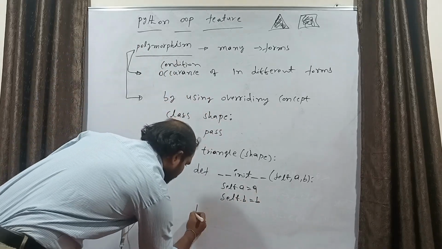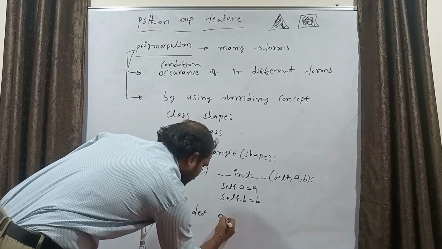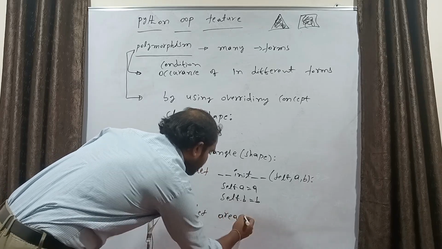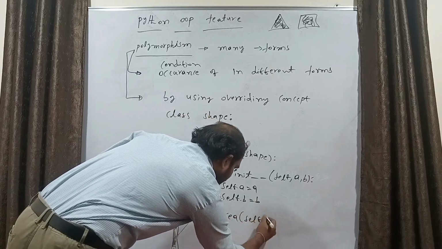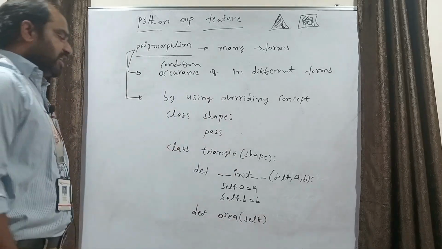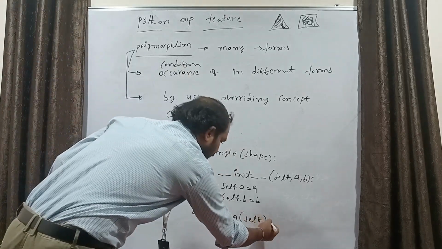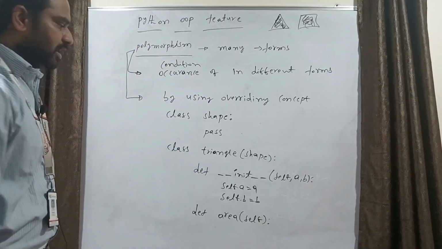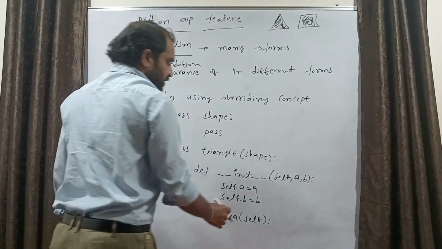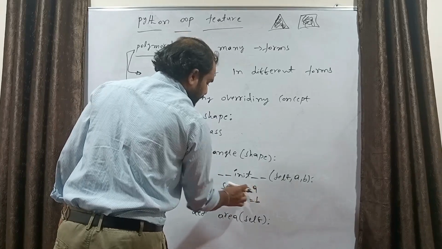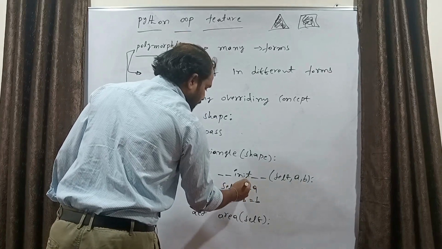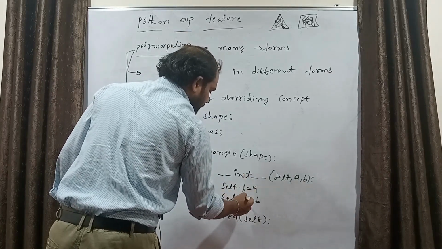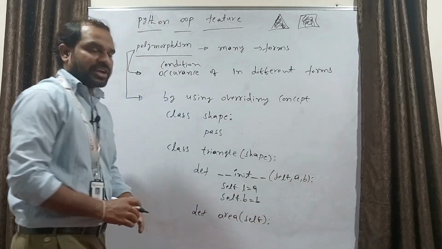I will create a method, def area(self). I want to calculate the area of a triangle, and we have a formula: half into L into B. So if I consider this as the length, I will set self.L = a, self.B = b. I am changing the attribute now.